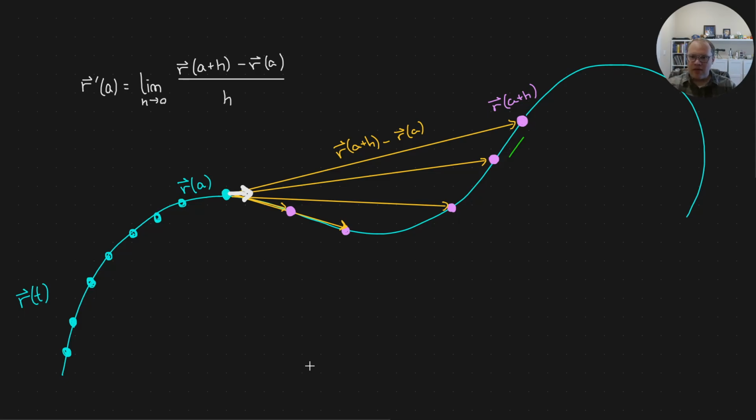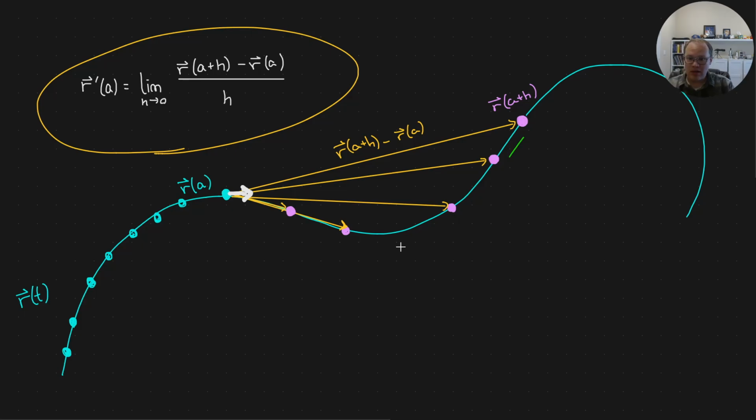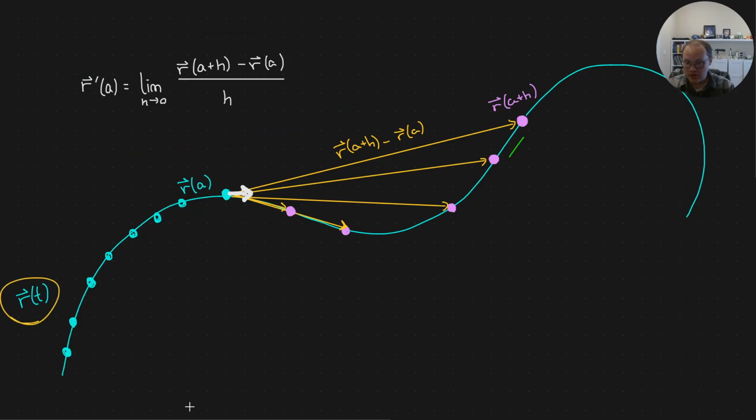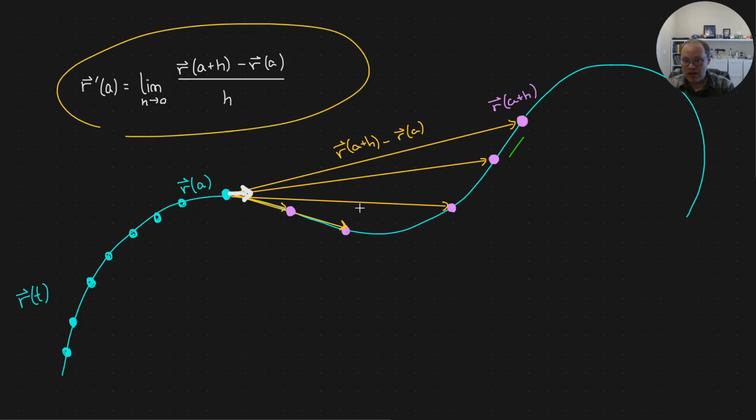The length of the derivative tells us how fast we're moving. A longer vector tells us we're moving faster. A shorter vector tells us we're moving slower. Taken together, the derivative tells us both direction and speed that a particle is moving along the curve with that parameterization. Okay, it's giving us the velocity. If r of t is a position function, then r prime is the velocity function.